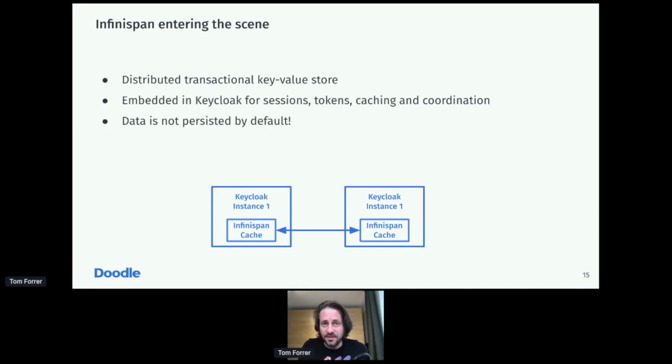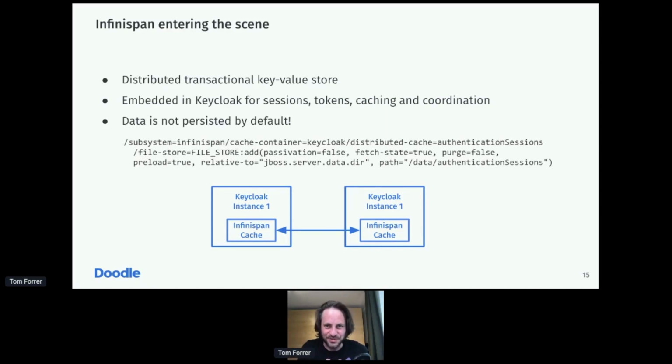However, it turns out the authentication sessions are not persisted by default, meaning they are lost when the service reboots and everybody gets logged out. That was an alarming discovery, but in the end, we managed, with the help of some mailing lists, to invoke a configuration script that told Infinispan to persist its data in a file.